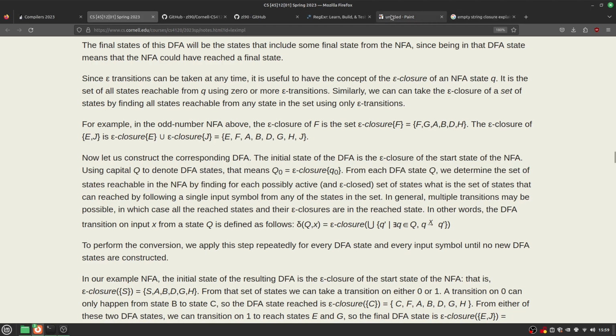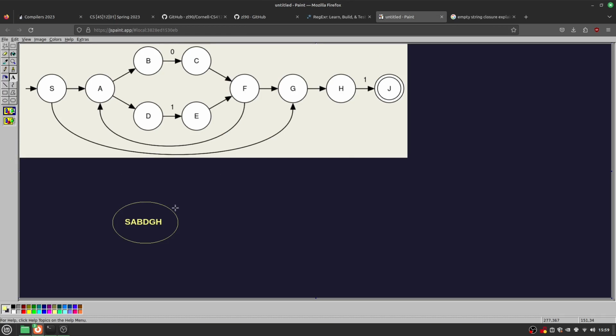Alright, so what I think they're saying is there are two transitions possible.